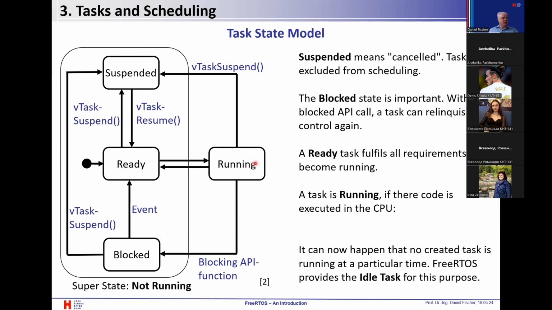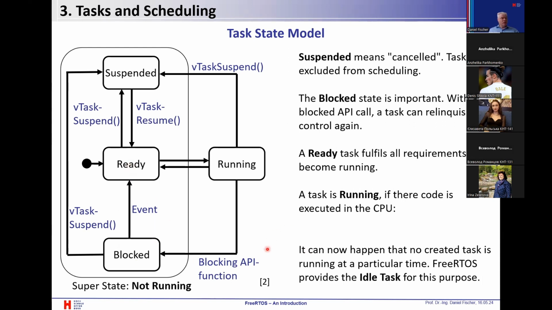And then FreeRTOS is setting this task from the running state into the block state. That means also in the block state, the task is not considered anymore for scheduling, and only if there's an event, could be that data is available or something like this, then this task is entering the ready state.